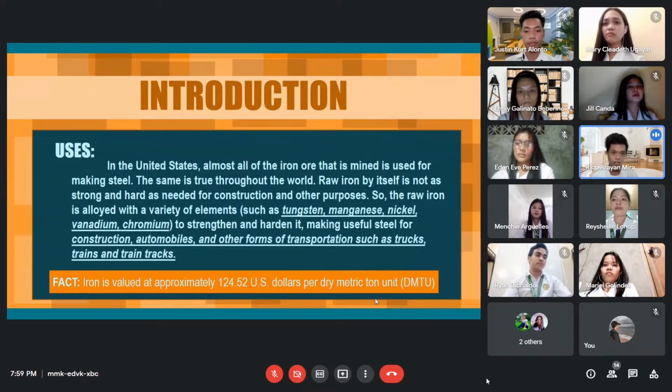So the raw iron is alloyed with a variety of elements such as tungsten, manganese, nickel, vanadium, and chromium to strengthen and harden it, making useful steel for construction, automobiles, and other forms of transportation such as trucks and trains, as well as train tracks. Just a bit of fact, guys, iron is valued at approximately $124.52 per dry metric ton unit, or DMTU.